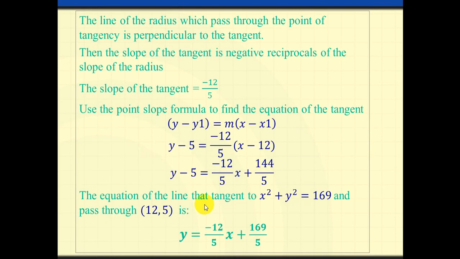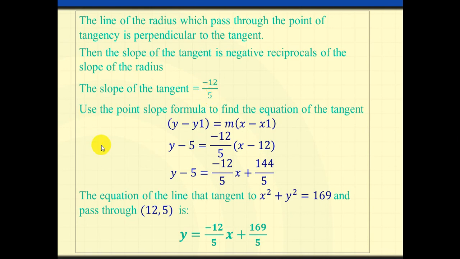The line of the radius which passes through the point of tangency is perpendicular to the tangent, so the slope of the tangent is the negative reciprocal of the slope of the radius. So the slope of the tangent equals −12 over 5.